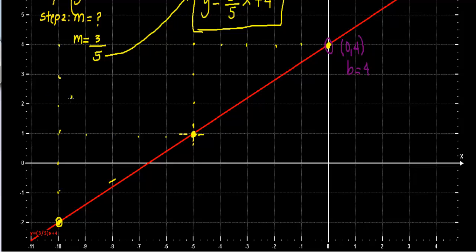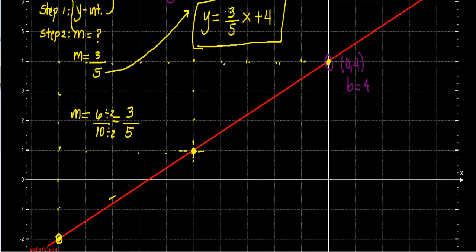M would be 6, and then you would run 1, 2, 3, 4, 5, 6, 7, 8, 9, 10. And remember, this fraction can be reduced and it becomes 3 over 5 if you divide by 2 in the numerator and by 2 in the denominator. You would get 3 over 5. So notice your slope doesn't change at all.